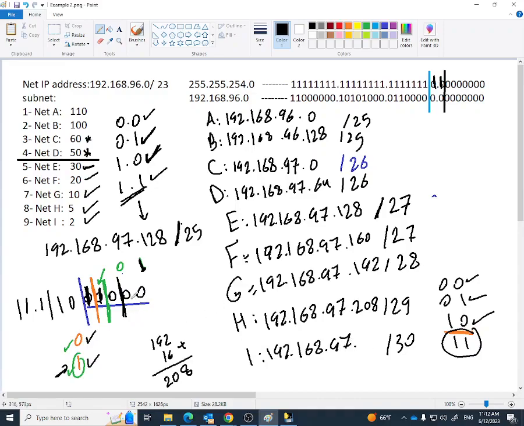Now, since I'm borrowing, again, 1 extra bit for this one, and I'm using, as I said, I have 2 options for this one here. It could be 0 or could be 1. I'm using 0 for simplicity. So this is it. And all I have to do now is to convert this number here to decimal again. So I'm just going to put it here.